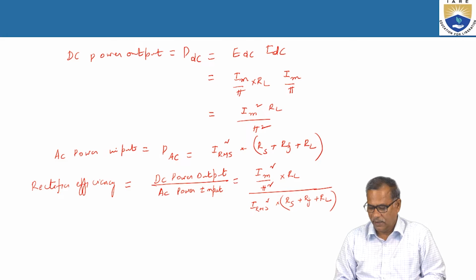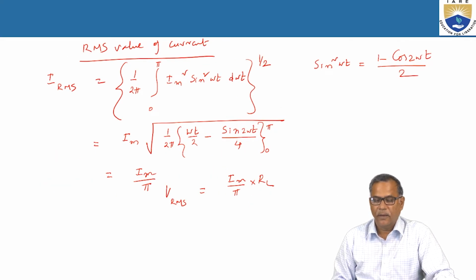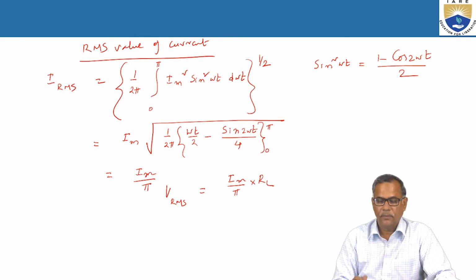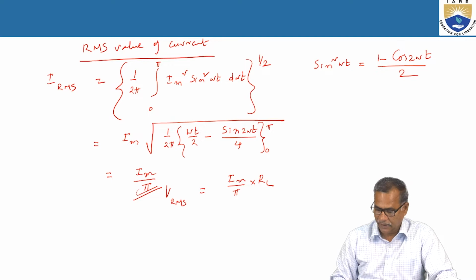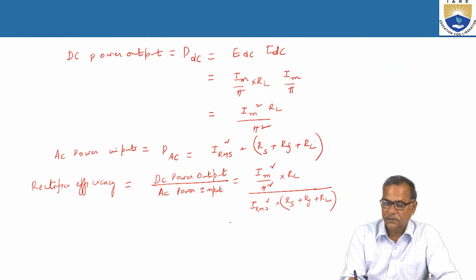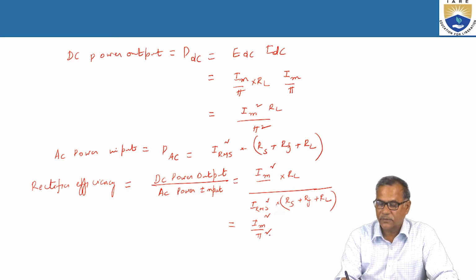IRMS we have calculated, and IRMS is nothing but Im by pi. So let us substitute this value here. We get Im square by pi square into RL divided by, and IRMS square is nothing but Im by 2, so Im square by 4 into RS plus RF plus RL.